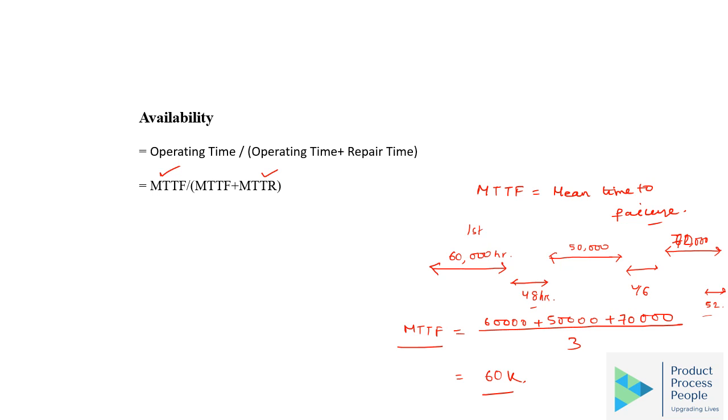Again, there is another term, the mean time to repair. Now, in the first case, this is 48 hours, then 46 hours, then 52 hours, right? So in this case, it will be 146 divided by 3, right? So it will be coming near to 45.33, something like that.